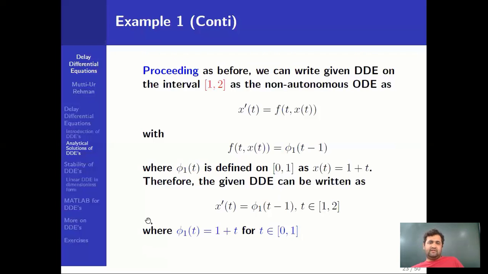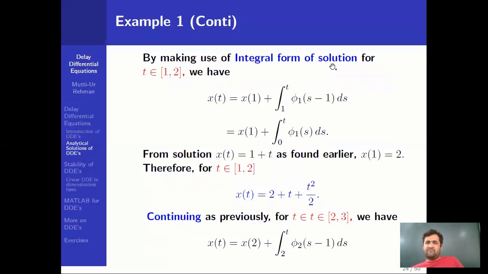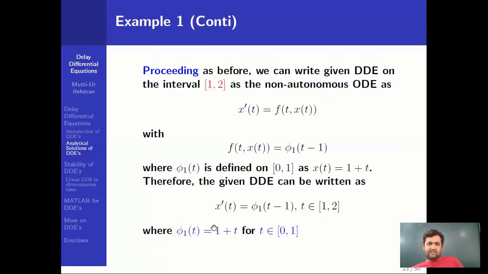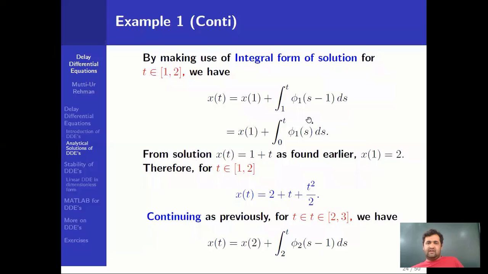Okay, and if I use the integral form of the solution, then you can say that the behavior of the current state is basically this guy. It's non-linear. Okay. So here, phi1 is basically this guy, 1 plus t. And if you do its integration, so over here, you will get s plus s squared by 2. Okay. And then you use the limit of integration, you will get this expression.